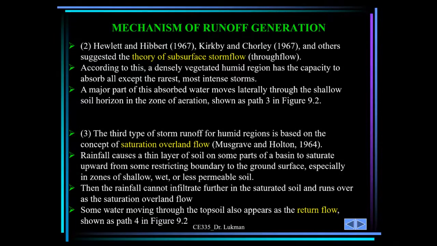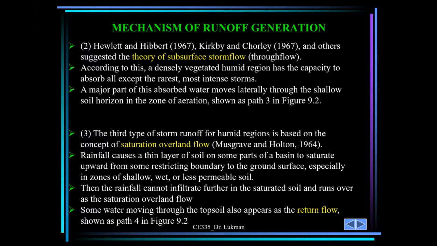The third type of storm runoff for humid regions is based on the concept of saturation overland flow. Here rainfall causes a thin layer of soil on some parts of a basin to saturate upward from some restricting boundary to the ground surface, especially in zones of shallow, wet, or less permeable soil.